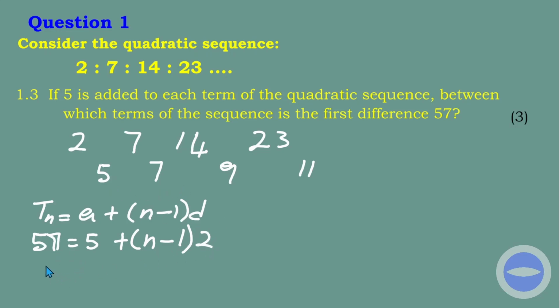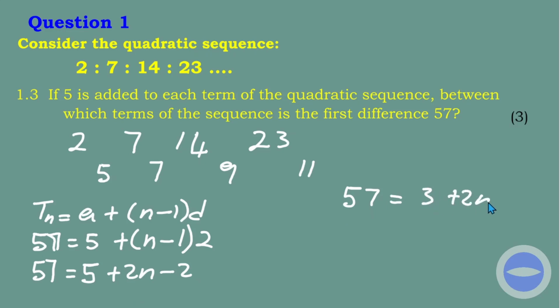Now we can solve. 57 equals 5 plus 2n minus 2. So 57 equals 5 minus 2, which is 3, plus 2n.